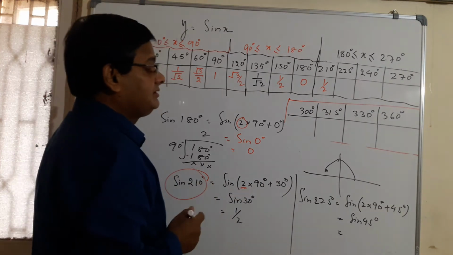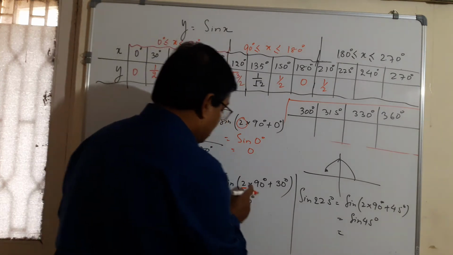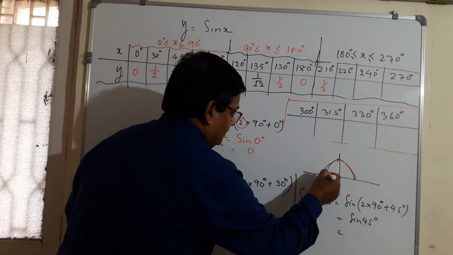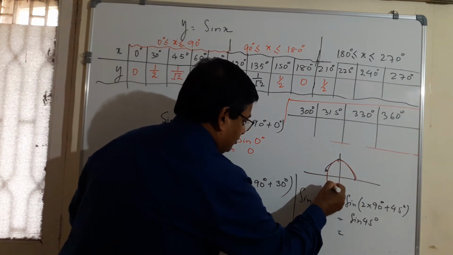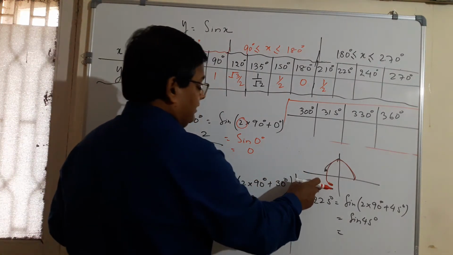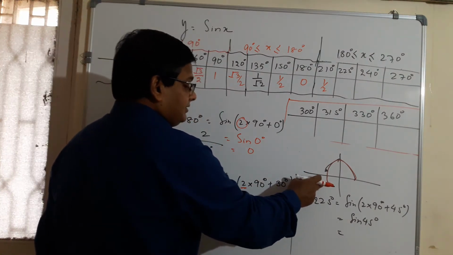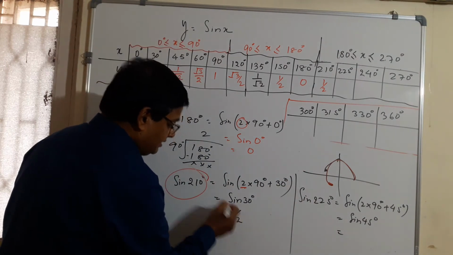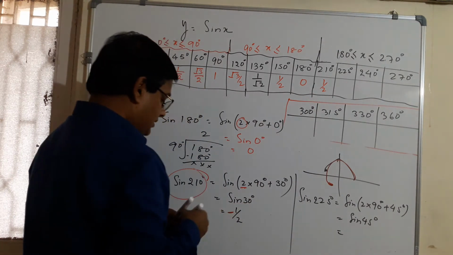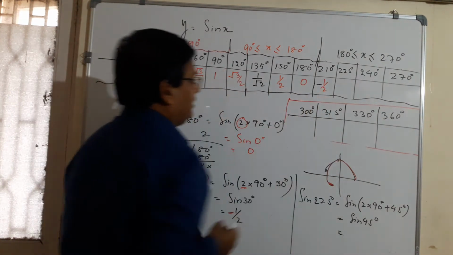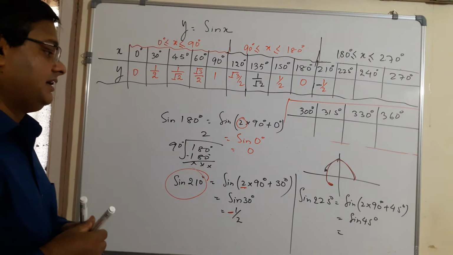But we have to check the sign. 2 times 90 plus 30 lies in which quadrant? It lies in the third quadrant. In the third quadrant, sine is negative, so you have to put a negative sign here.